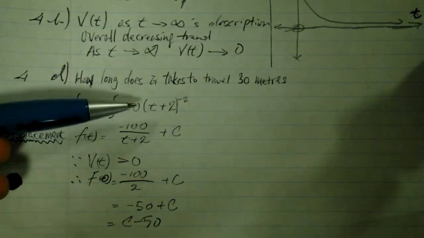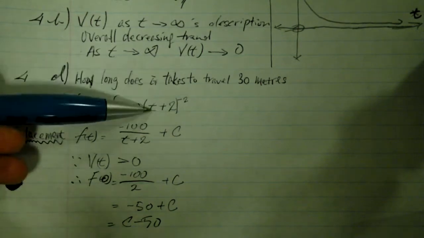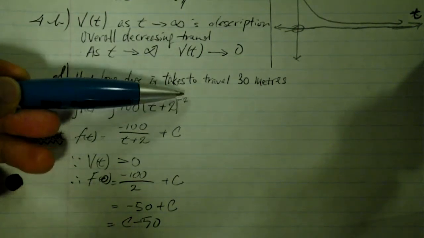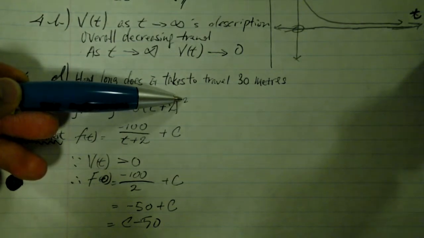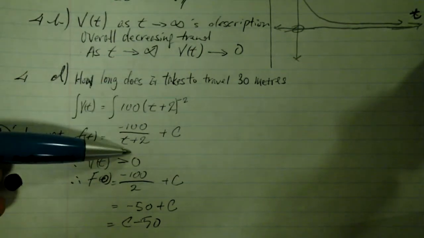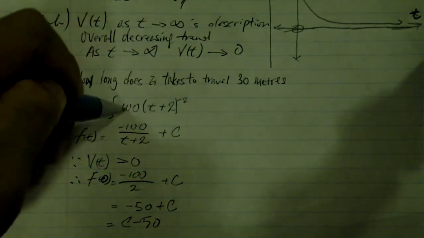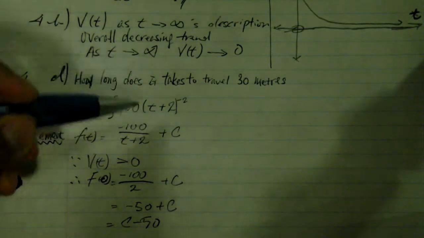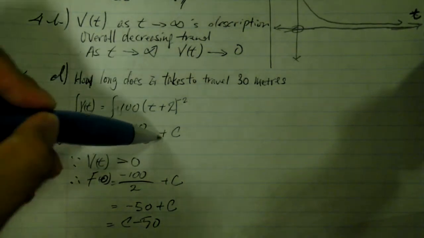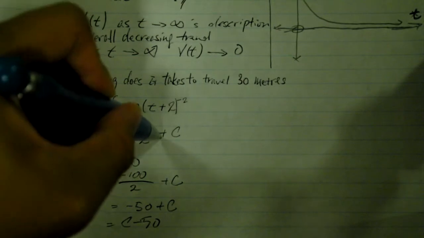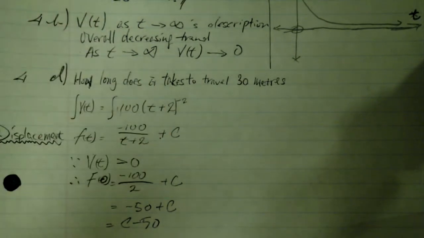By integration, 100 times (t plus 2) to the power of negative 2, you get negative 100 over (t plus 2), and don't forget you also have a negative 1 coming out from here. And don't forget, students, to add plus c whenever you're doing integration, as it signifies the constant.